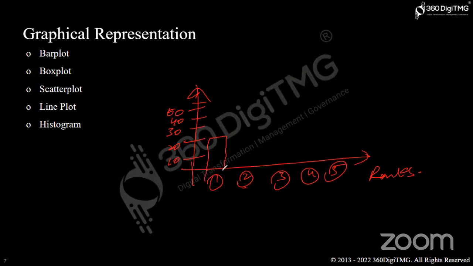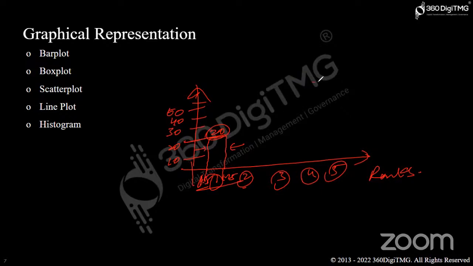When I write this value, you may get 1.25 and you'll be having 0.5. So from 0.5 to 1.25, these many, you'll be having marks of 20.